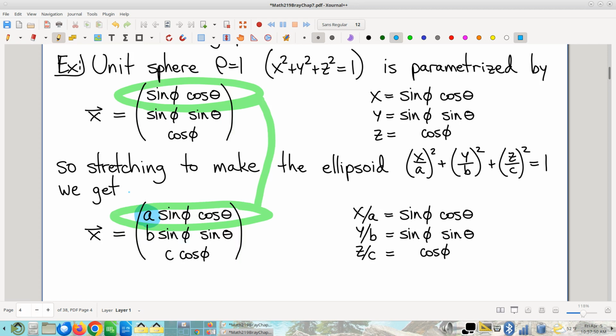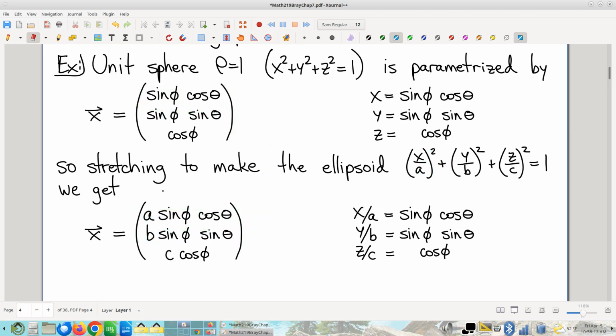That's what I just did by sticking in a factor of a right there. So that accounts for the stretch in the x direction. And likewise for the y and the z, and that gives you these other factors, b and c, right there. Okay, so that's one way to think about it.